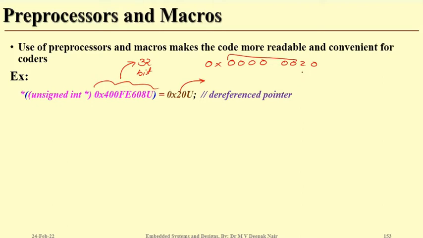So what is 20? If you break it down, it is 0000 0000 and so on, and here 0010 0000.